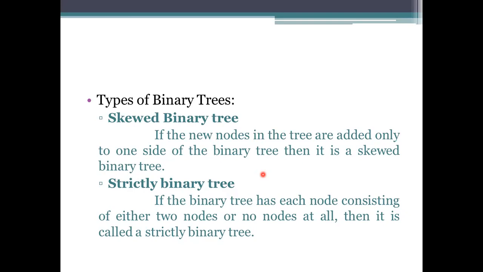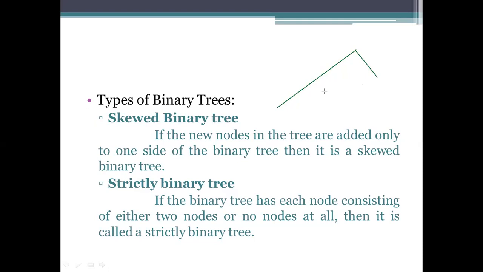Skewed binary tree: if we are adding new nodes to only one side, either the right side or the left side, of the binary tree only, then it is specified as a skewed binary tree. So in this representation, the elements are continuously on the left side. Such a representation is specified as a skewed binary tree.